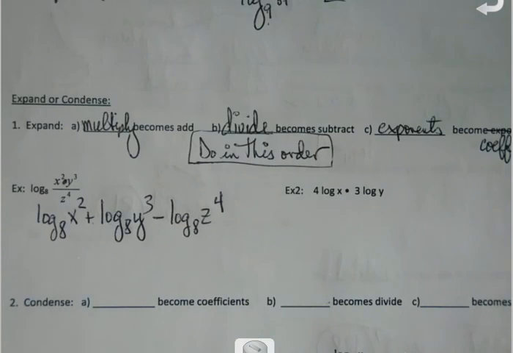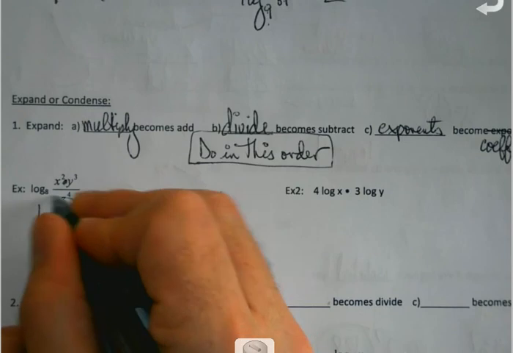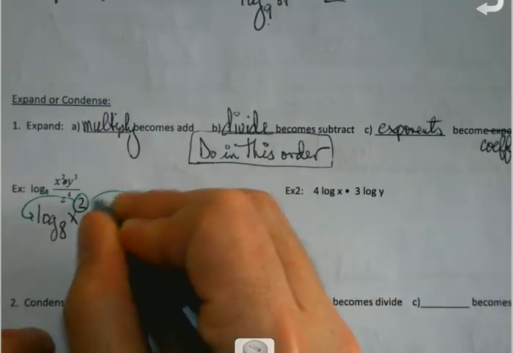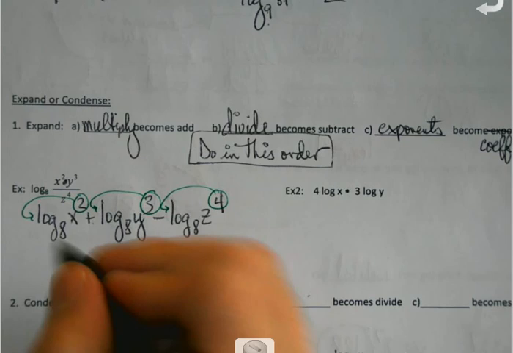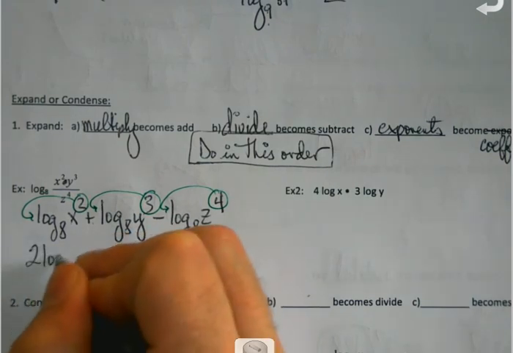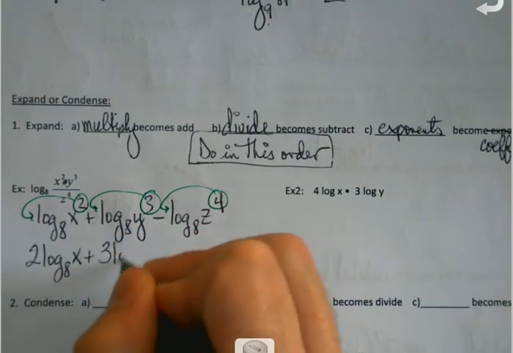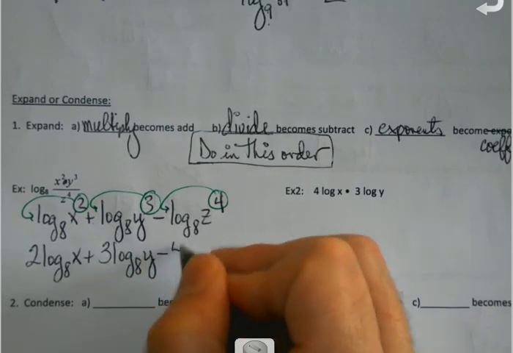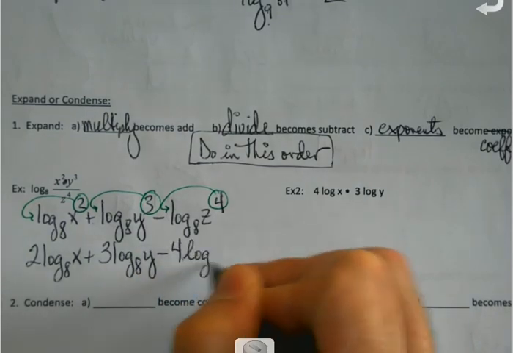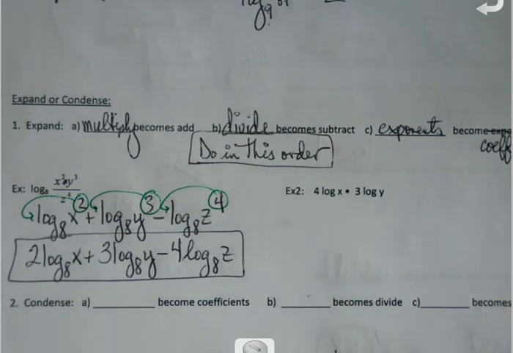And then, if I have exponents, and I have 3 of them this time, all 3 of those exponents, when I'm expanding, turn into coefficients. So the 2 goes in front of my log 8 of x. The 3 goes in front of my log base 8 y. And the 4 goes in front of my log base 8 z.